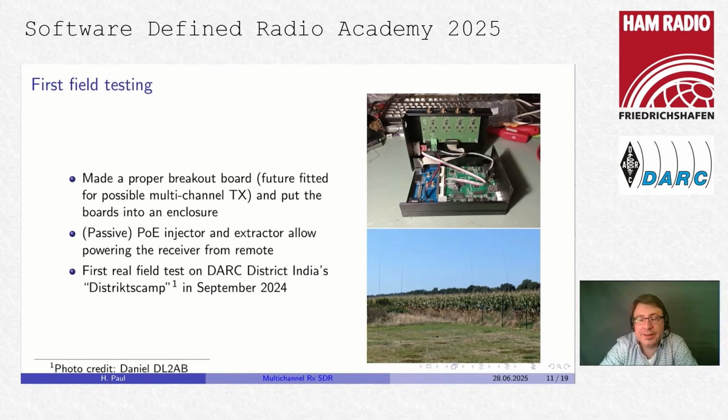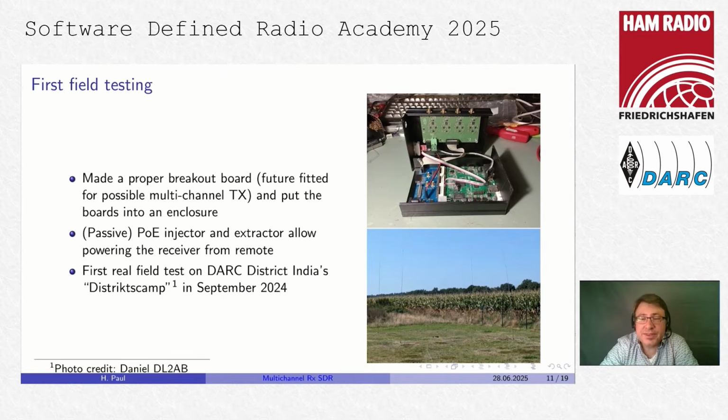I made it especially for this multi-channel receiver, but I also prepared some connectors to maybe later extend this to a multi-channel transmitting system. So there are some coaxial connectors you see on the blue board. I will need them for clock purposes later when I finish the transmitter.